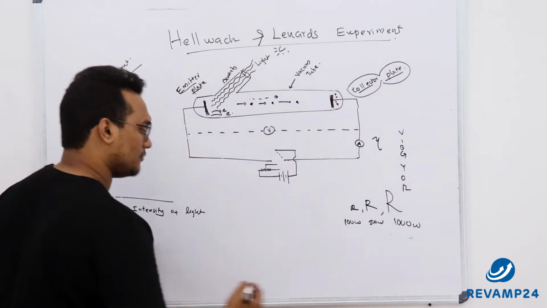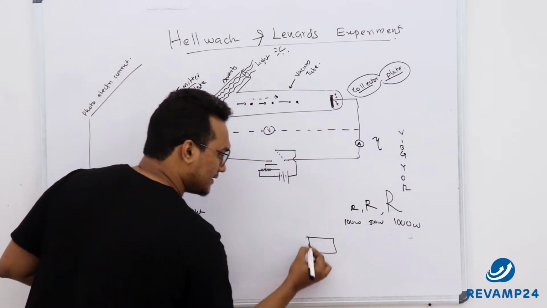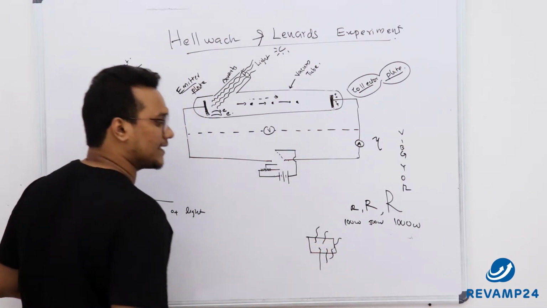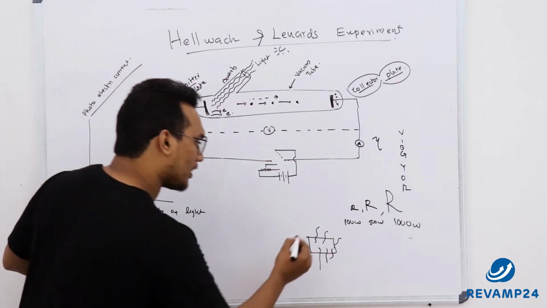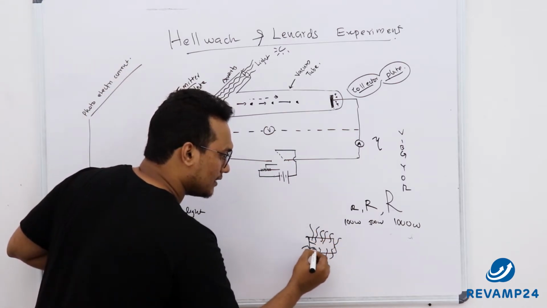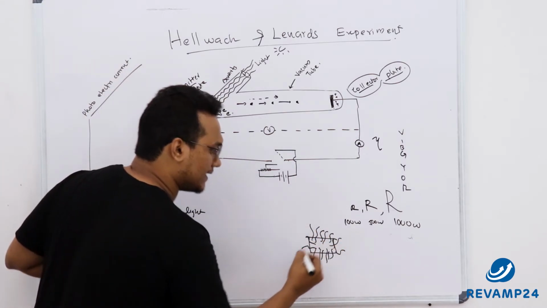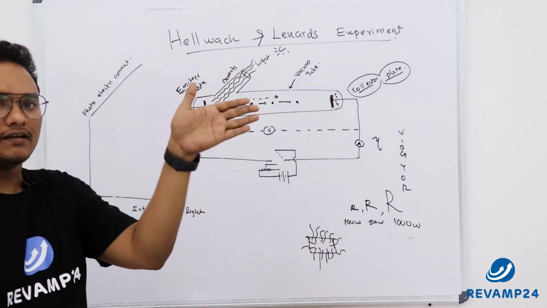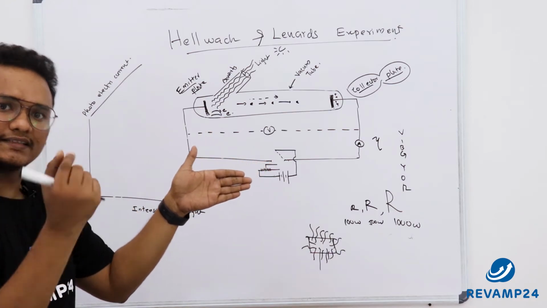Intensity is nothing but taking an area and seeing how many light rays are incident on that area. If more light rays are coming, then I could say that this is intense light. So in an area, if more light comes, then that light source is an intense light source.